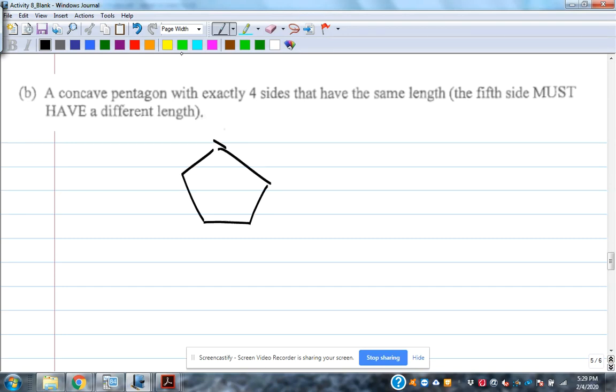That's what we're used to. But we're trying to draw a concave pentagon, so it falls in on itself out of that. So I'm going to draw my sides that are the same. That's 1 inch on my ruler, and I'm going to make sure it's concave by doing this.